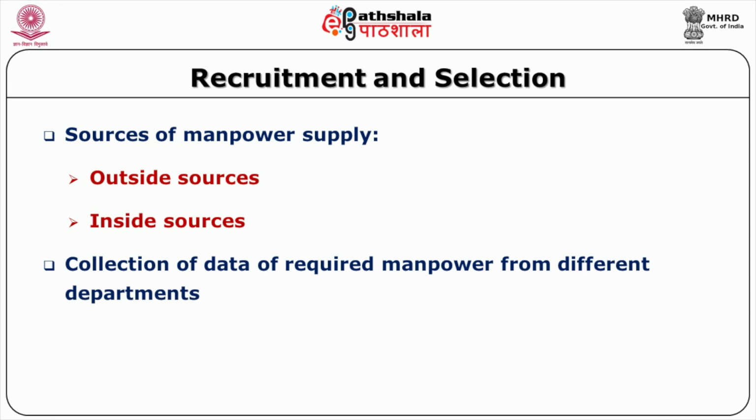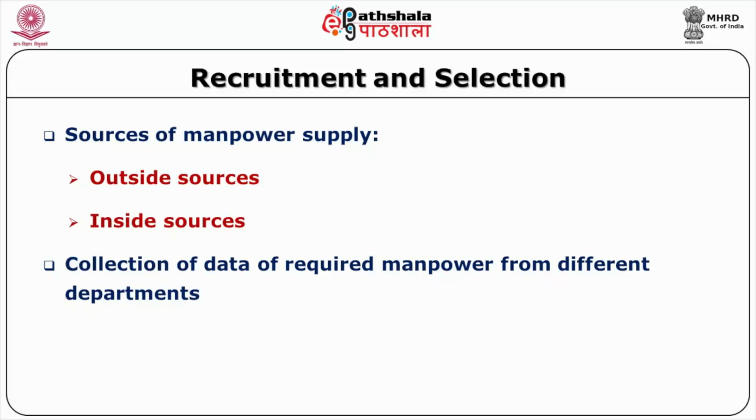The second is the collection of data which is required for the manpower. So, different departments. Supposing it is a big school, then we have said that it has different sections, maybe language section, science section, mathematics section. So, how many teachers they want to perform their activities or to complete the task.